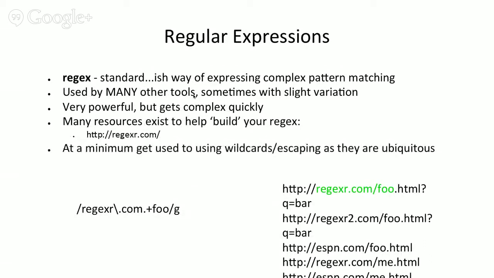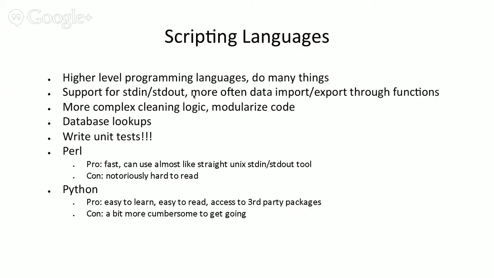So just be aware of that as you start to figure out how you should write this regular expression in Postgres versus Python or Perl or something. At a slightly higher level, you have things like Perl and Python. Most of these provide ways of doing standard in, standard out, very similar to piping information between different low-level command line tools.